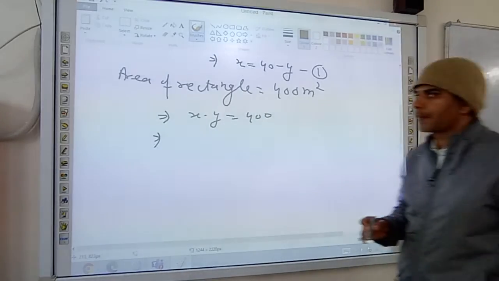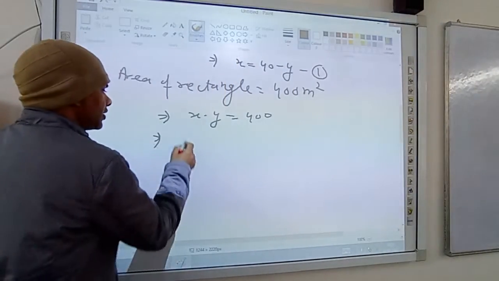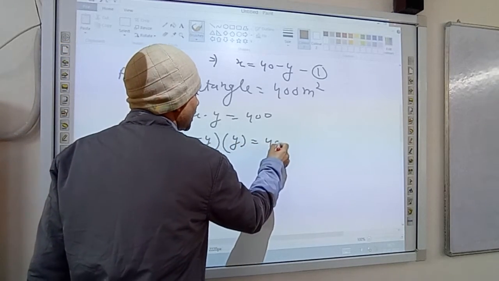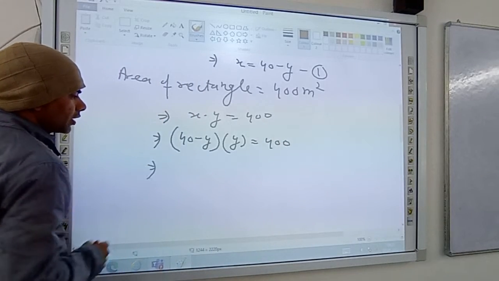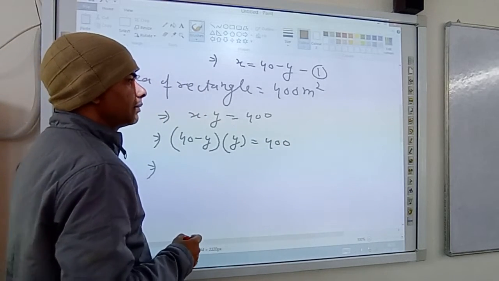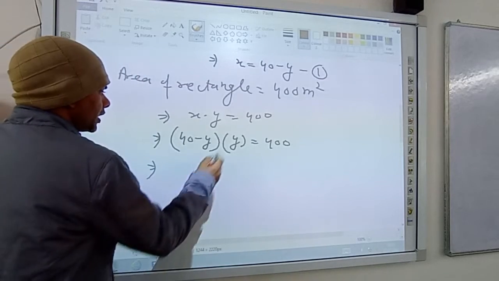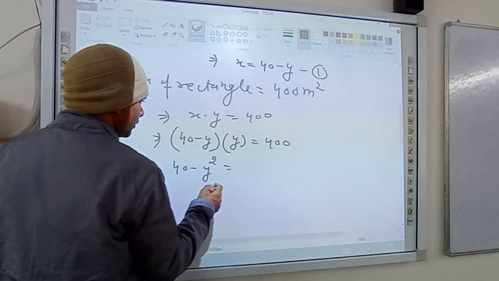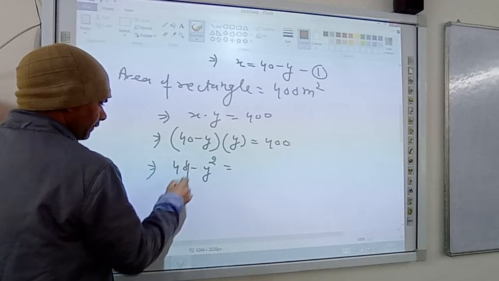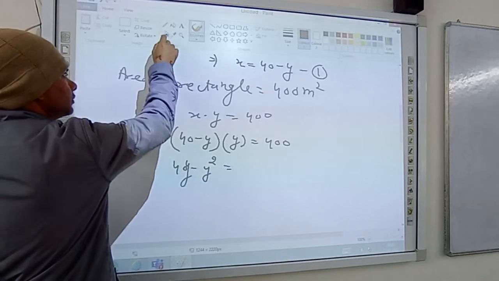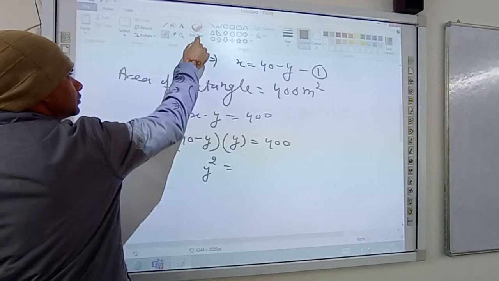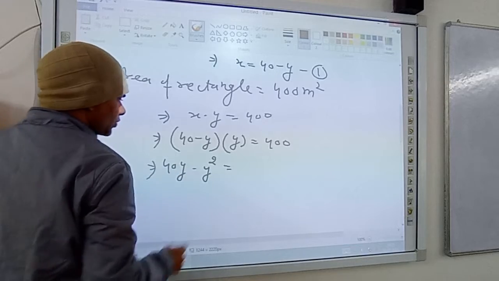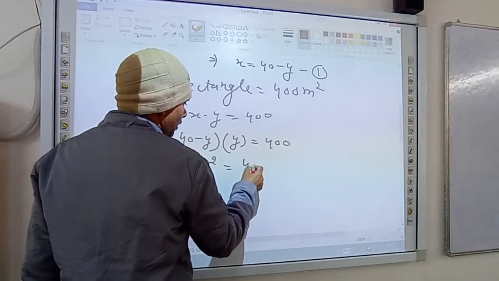Yes, sir. The given equation will change into one variable, that is y. It becomes 40y minus y square is equal to 400.